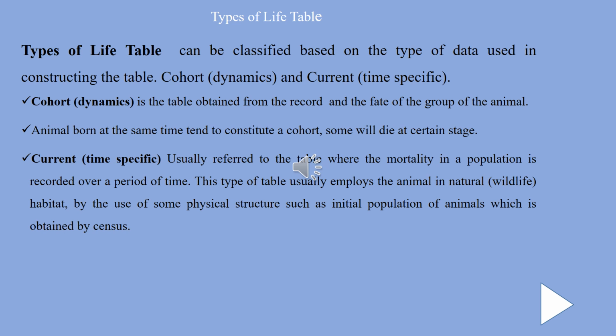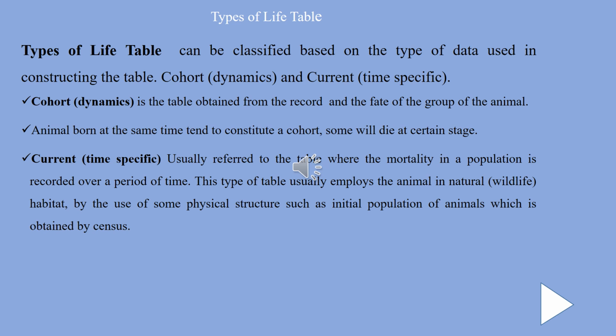Let's take current, which is time specific. Usually it refers to the table where the mortality in a population is recorded over a period of time. This type of table usually employs the animals in natural wildlife habitat by the use of some physical structures such as initial population of the animals, which is obtained by census.